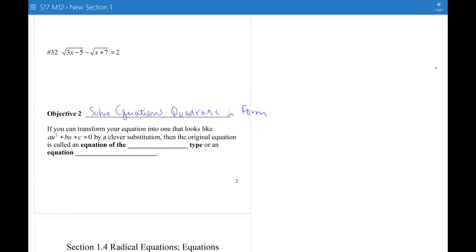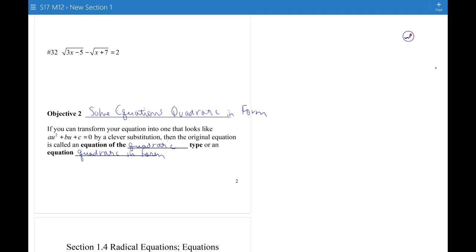If you can transform your equation into one that looks like a u squared plus b u plus c equals 0 by some sort of a clever substitution, then the original equation is called an equation of the quadratic type, or an equation that's quadratic in form.